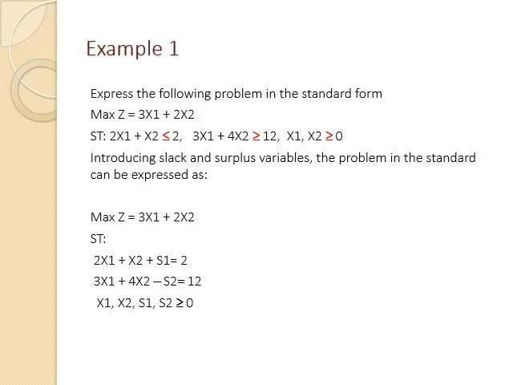The second constraint is 3x1 plus 4x2 minus s2 equal 12, minus s2 because the constraint is more or equal. S1 indicates the first constraint, s2 indicates the second constraint.